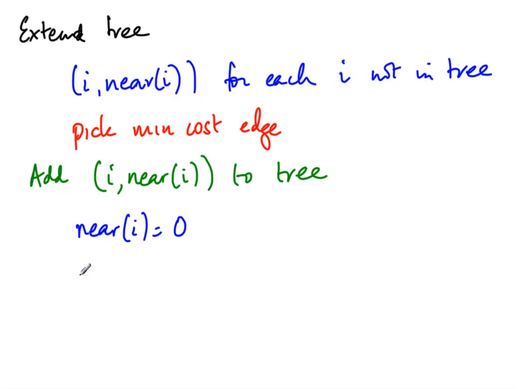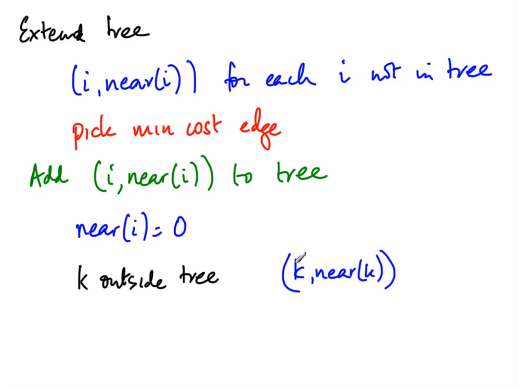Now, what happens to other vertices k outside the tree? Okay. So for such vertices, we had possibly a pair k, near of k, which is the best edge to the old tree. So to this, we have to compare the cost of the edge from k to I, because now I has been included in the tree.